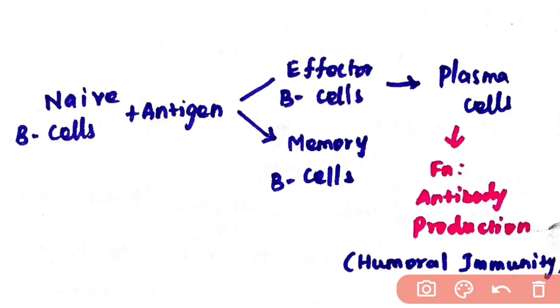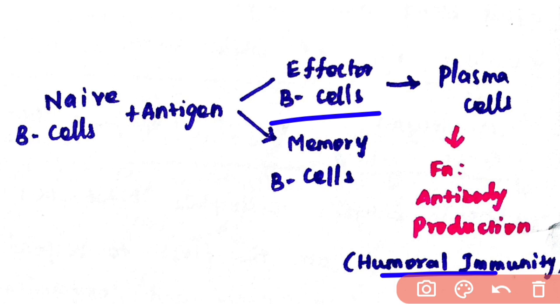Next, the immune response given by B cells is also known as humoral immunity. Humoral immunity is a type of immune response that uses antibodies to fight pathogens, so it is also known as antibody mediated immunity. This type of immune response is given by B cells.